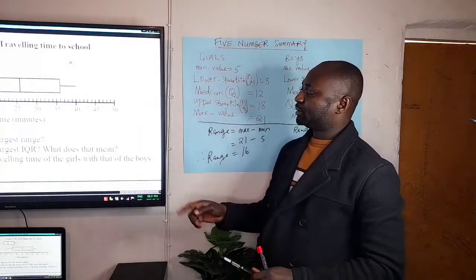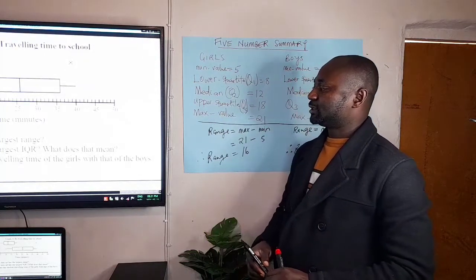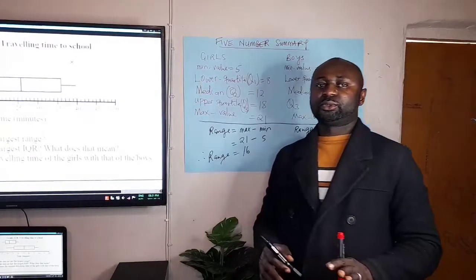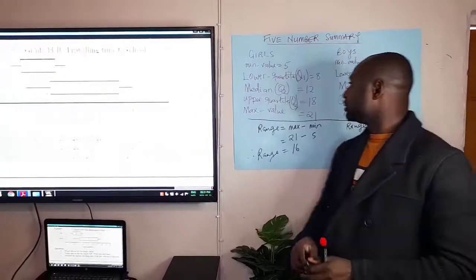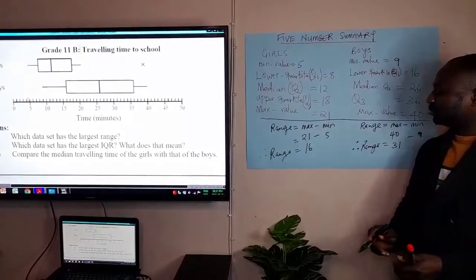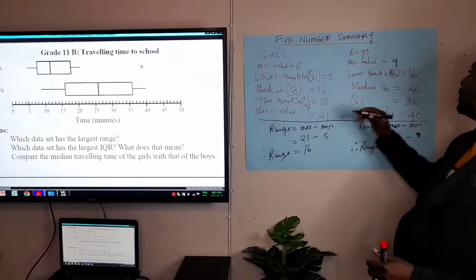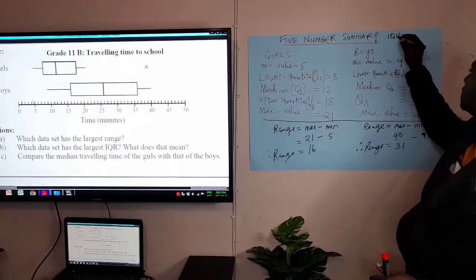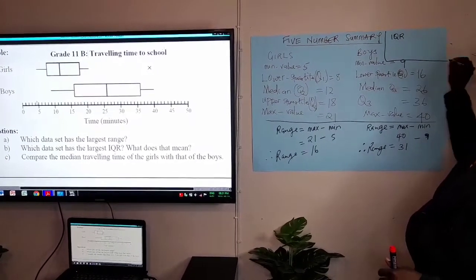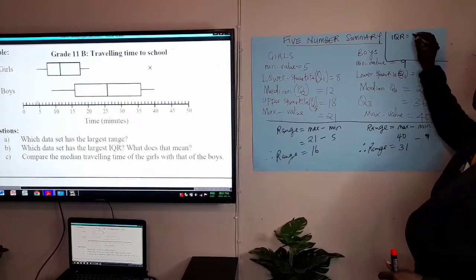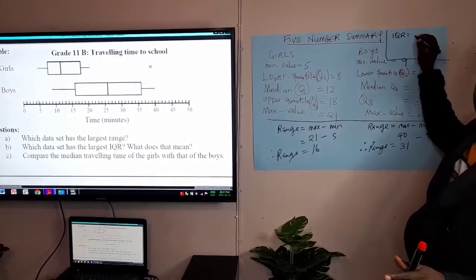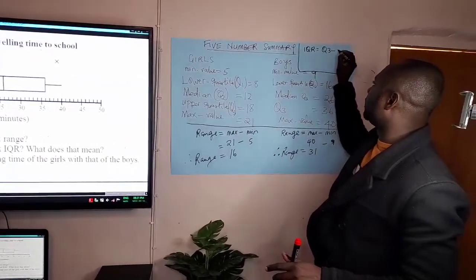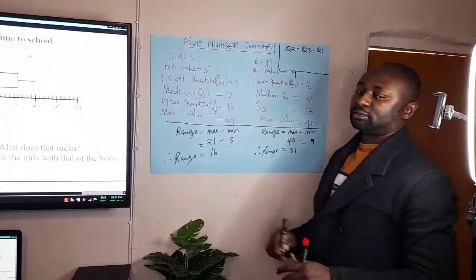Question number B says, which data set has the largest IQR and what does that mean? Now when we talk about IQR, it simply means interquartile range, and interquartile range is calculated using the formula Q3 minus Q1.